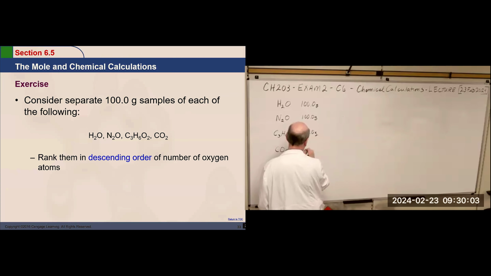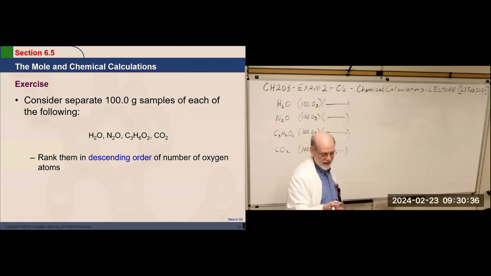We can calculate the number of moles of the compounds fairly easily. What we need is the molar mass of each one to go in this conversion factor. That'll give us the moles of the compound. Right? When it says number of oxygen atoms, if we're only going to put them in order, do we have to go all the way to the number of atoms?